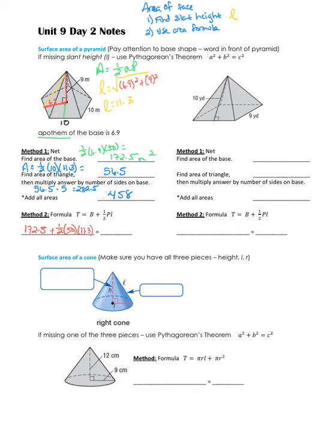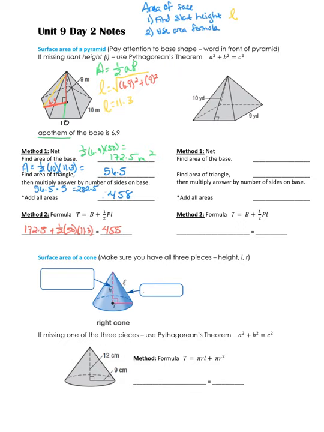Let's see if the numbers work out. 172.5 plus 85 times, and I got 125.5. I think I wrote my numbers down wrong. Oops, I did right. Let me show you what I did. It's 455. I just took a look at my calculator, and I had inputted the wrong number.